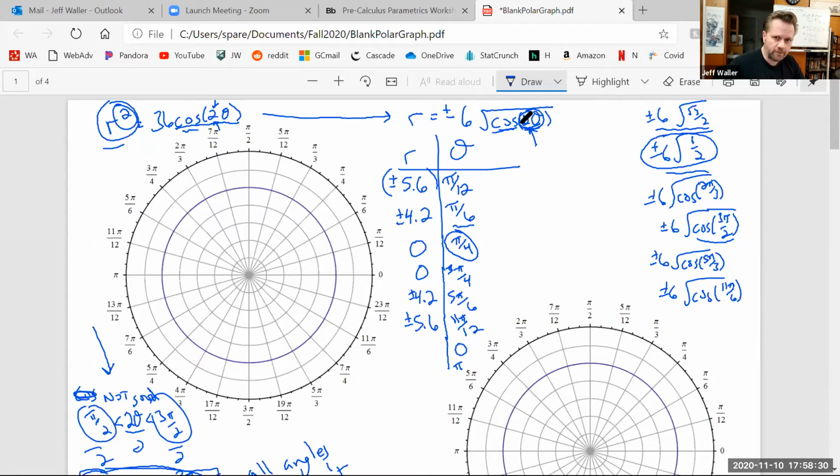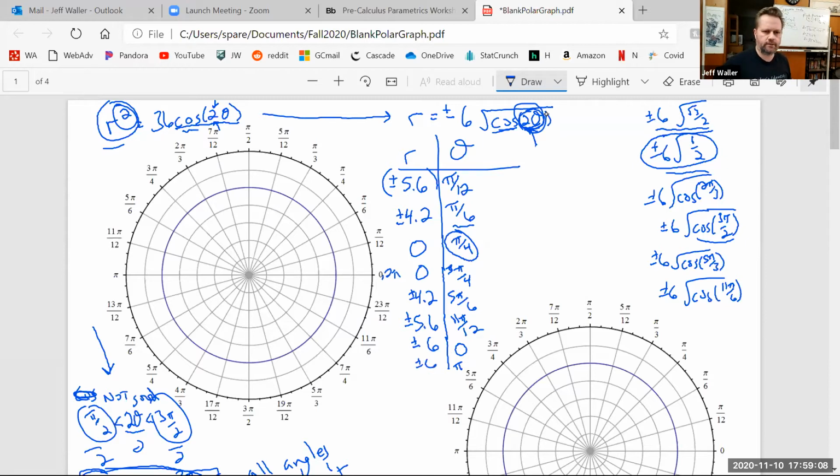So the square root of 1 is 1 times 6 gives me 6, plus or minus. And then if I put a pi in there, what's the cosine of 2 pi? Cosine of 2 pi is also 1. Cosine is only 0 at the half pi's, because that's when it's on the y-axis. Cosine of 2 pi is back here, so it's going to be plus or minus 6 again.